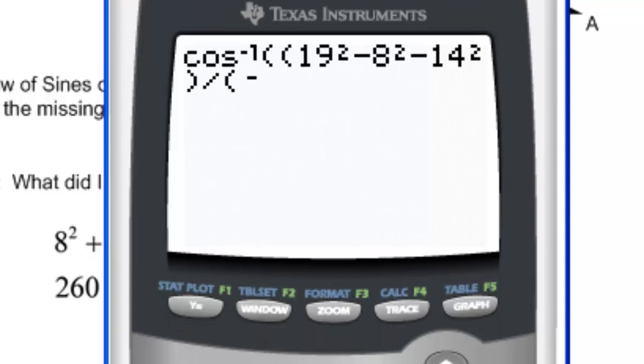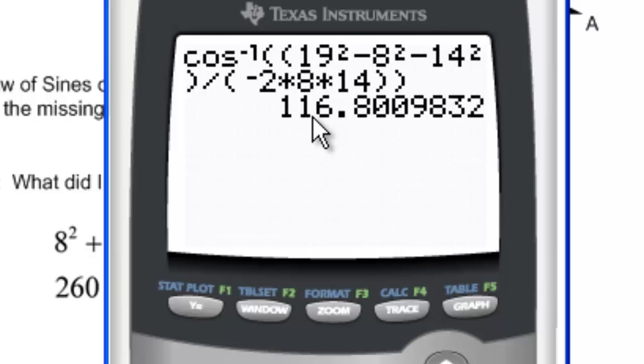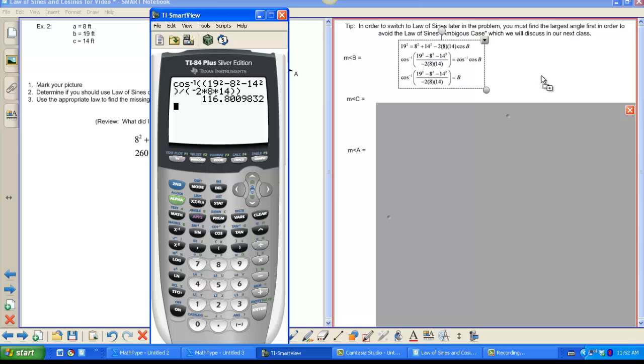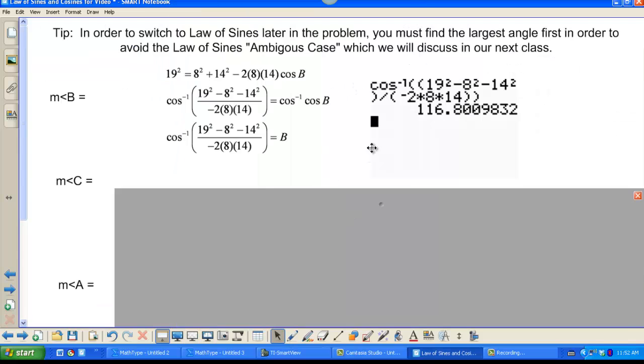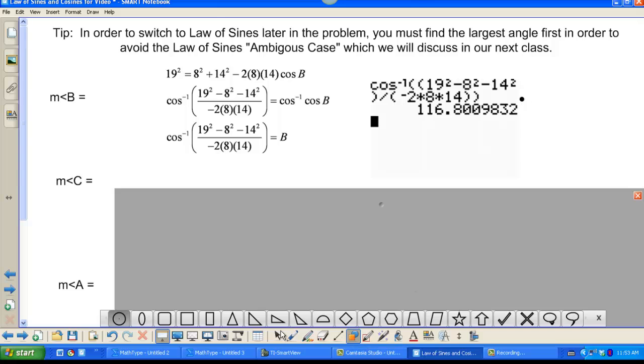And I'm going to divide that by negative 2 times 8 times 14. And so the measurement of angle B is 116.8 degrees.